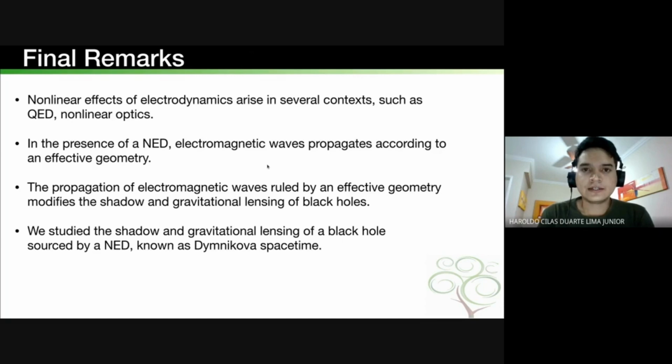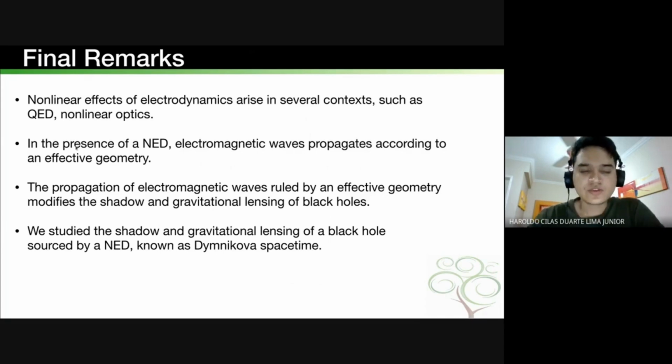Well, now going to the final remarks of this presentation, we have studied nonlinear effects of electrodynamics that arise in several contexts, such as quantum electrodynamics, nonlinear optics, and in other situations. So this is the hypothesis: in strong enough electromagnetic fields, Maxwell's equations may acquire some corrections.